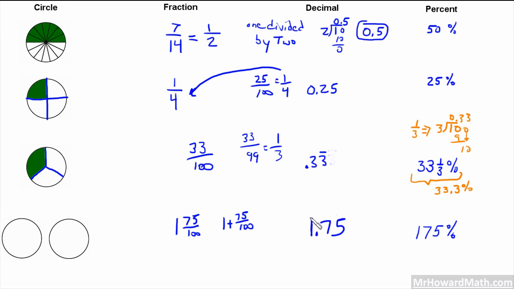So we have 1 whole thing, that's the left side of the decimal, and then 75 hundredths of another one, right? So 1 and 75 hundredths. Now we can simplify that. The 1 stays, right? The 75 hundredths can be reduced or simplified.